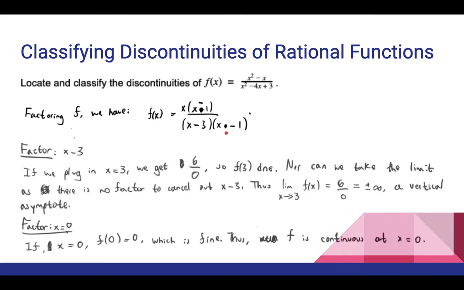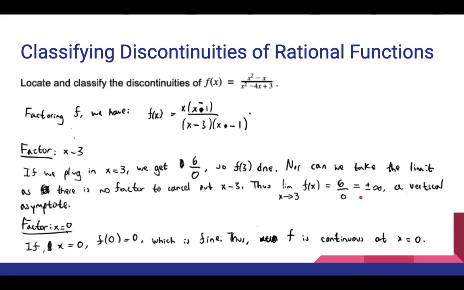All right, so now we move to the other factor, x minus 3. If we plug in x equals 3, we get 6 divided by 0, so f of 3 does not exist. Nor can we simplify the limit any further because there's no x minus 3 factor on the top. So what we end up having is a vertical asymptote, because recall from 1.2, a vertical asymptote occurs if our limit has some number divided by 0.